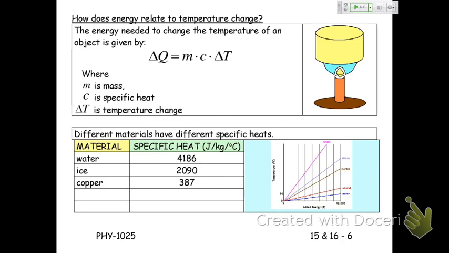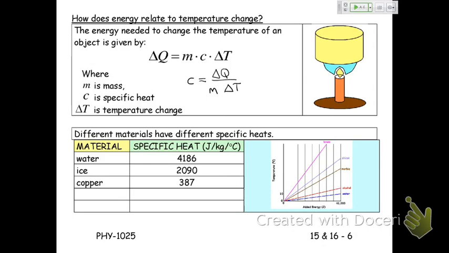Let's put that into some numerical values here. I can define a thing called a specific heat, and actually as time passes I prefer to write it down this way: the amount of heat, I call it not Q but delta Q, over the mass times the change in temperature.